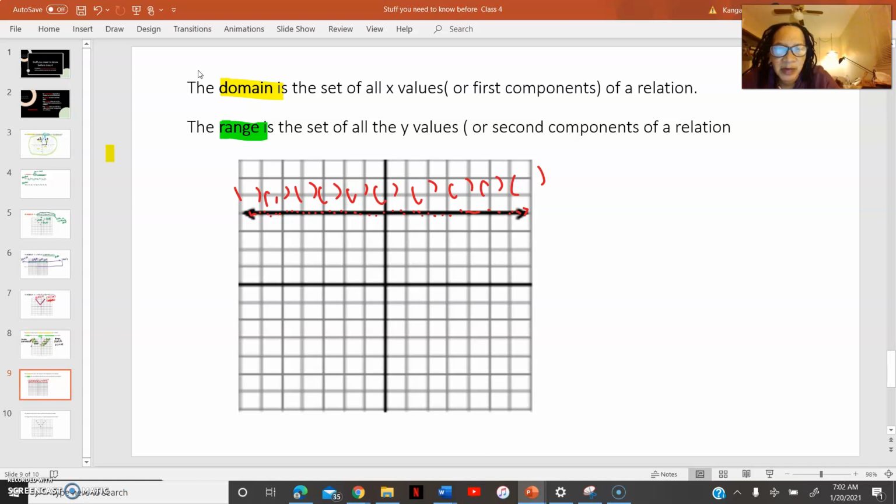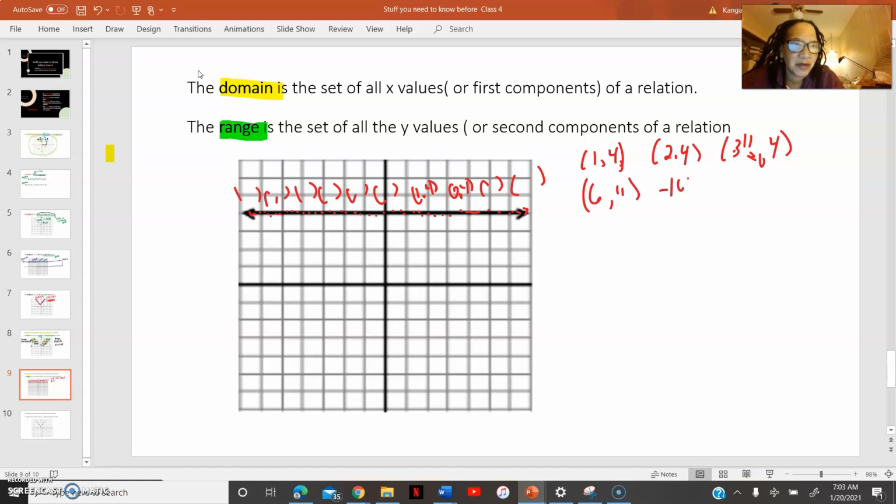And what exactly will it be? Well, there's going to be an ordered pair like 1, 4. And what are some of the ordered pairs? Let me write them out. Like 1, 4, 2, 4, 6, 4, negative 10, 4. What are these? These are all points that are somewhere on this line, right?